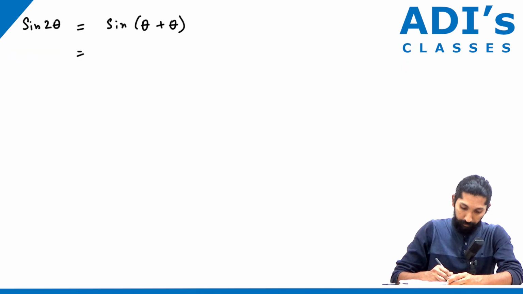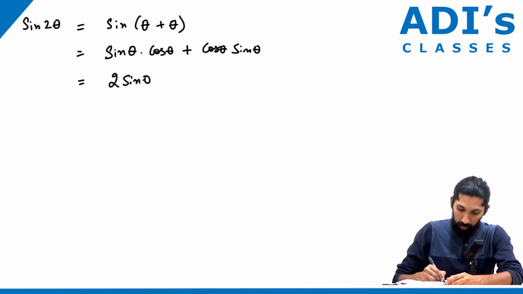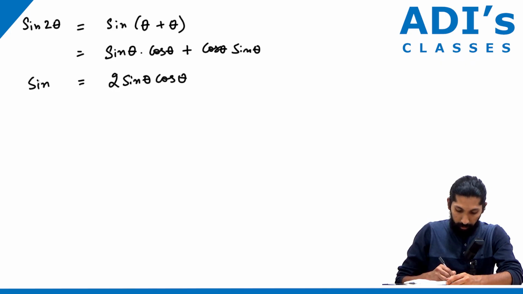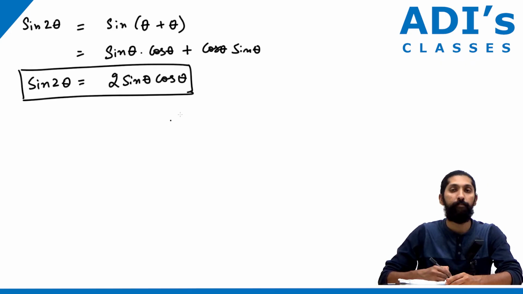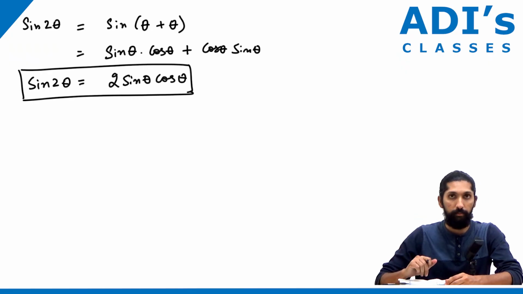That means here we'll get sine theta into cos theta plus cos theta into sine theta. This becomes 2 sine theta cos theta. So sine 2 theta becomes this. Here we have one identity, it's a multiple angle formula.